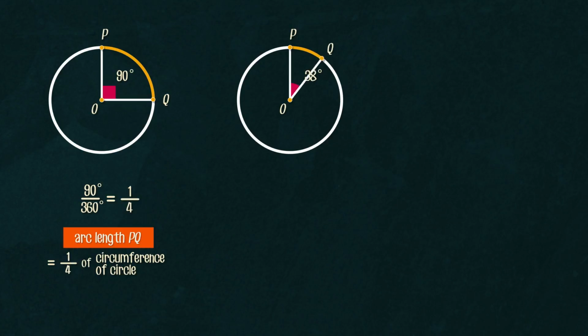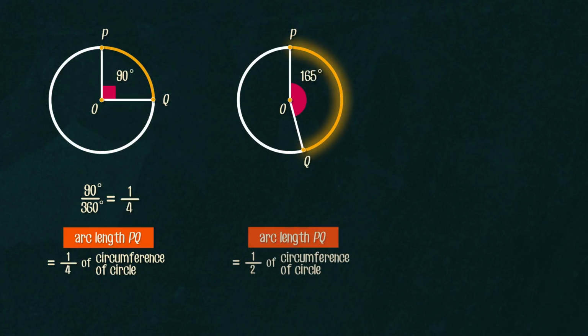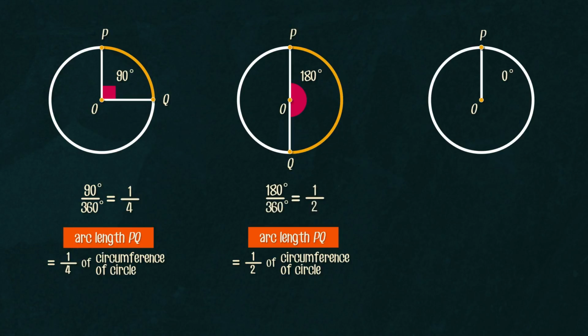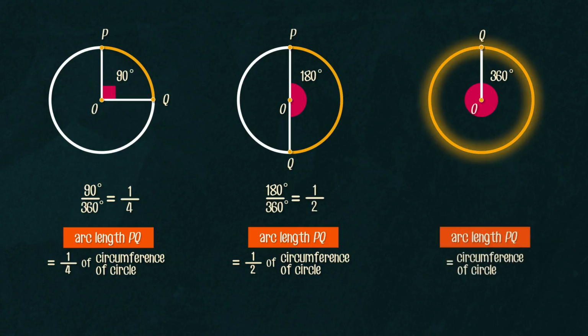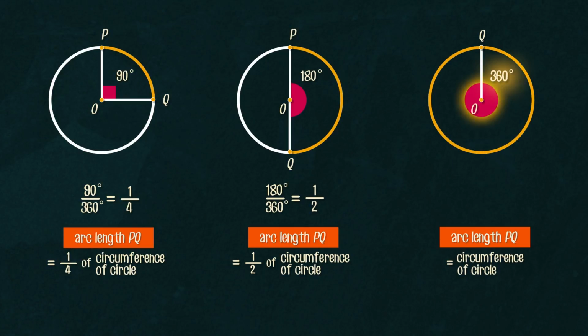In example 2, the arc PQ is half of the circle, and the subtended angle is 180 degrees. The ratio of 180 degrees to 360 degrees is also half. In example 3, we can see that when PQ is the whole circumference of the circle, the angle at the center of the circle is 360 degrees.